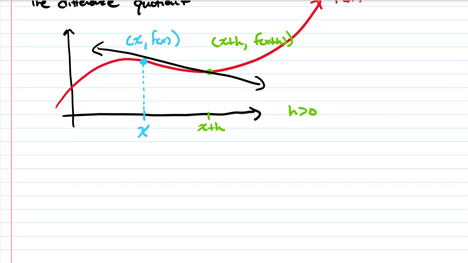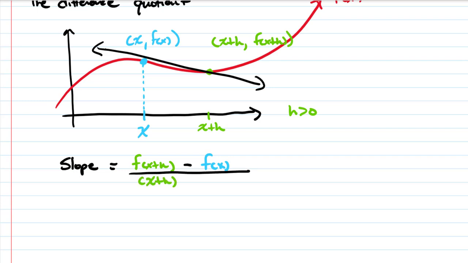So then that gives us our formula for the difference quotient. The slope would be f of x plus h minus f of x all divided by x plus h minus x. So then, putting all of this together, we would get f of x plus h minus f of x.